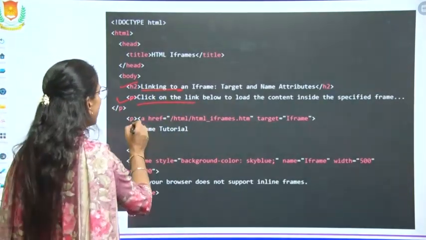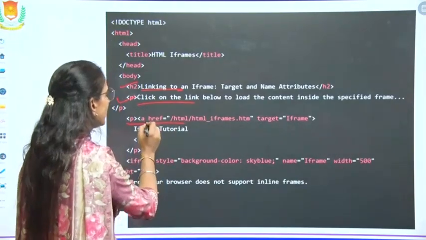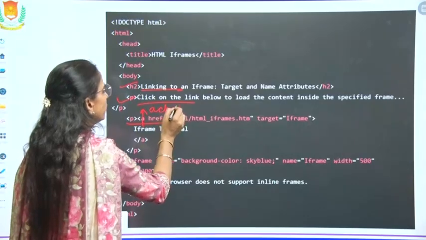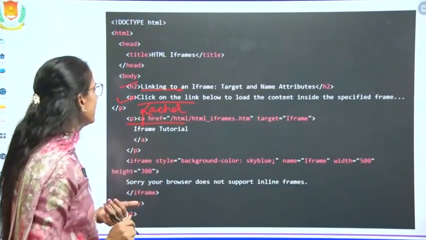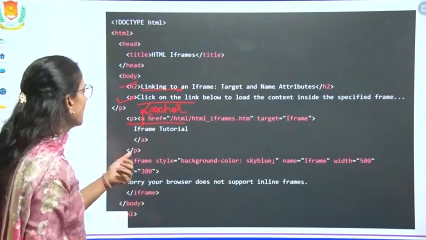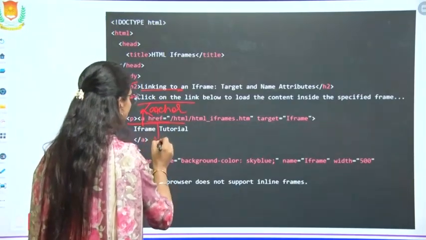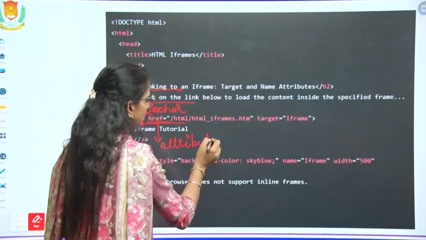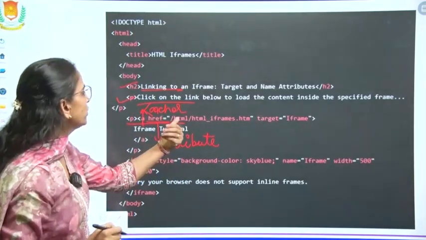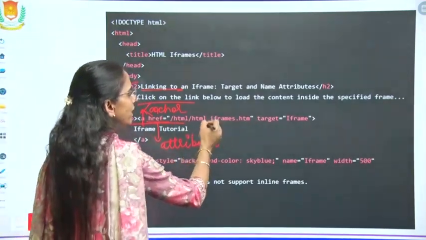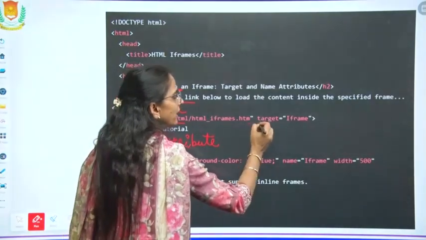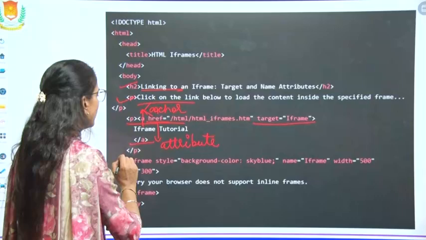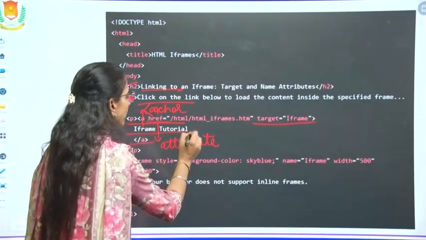Then with the help of the anchor tag, we are using the anchor tag and the hyperreference attribute. HTML, HTM, then iframes.htm, and the target is the iframe. Then the anchor will be closed and we have written iframe tutorial.